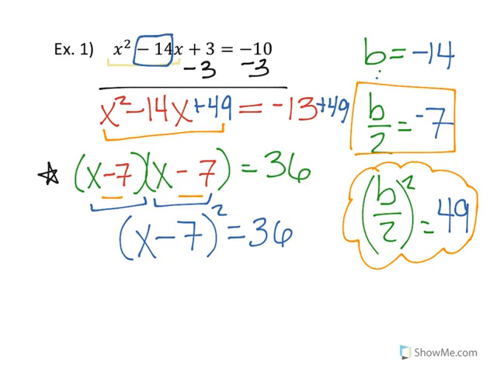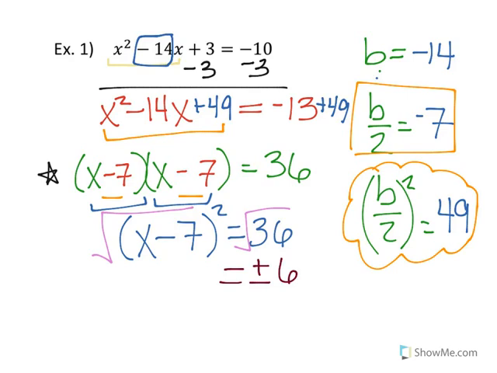Now I can look to step 4. Step 4 says to take the square root of both sides. So I can do that now. 36, I should recognize, is a perfect square. But before I just write an answer of 6 below, the square root of 36 is actually plus or minus 6. And that's important.